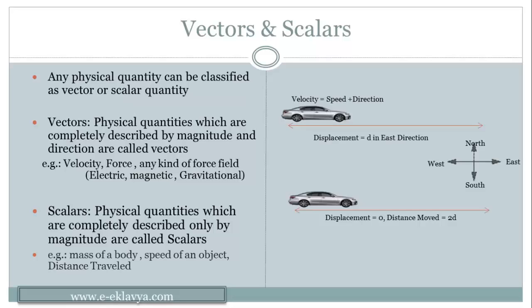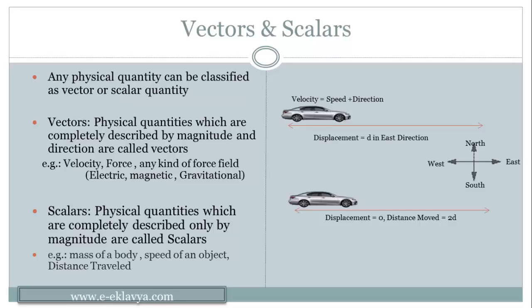So an object traveling with the same speed in the opposite direction has a different velocity. Here you need to clearly understand that a vector is something which needs both magnitude and direction.